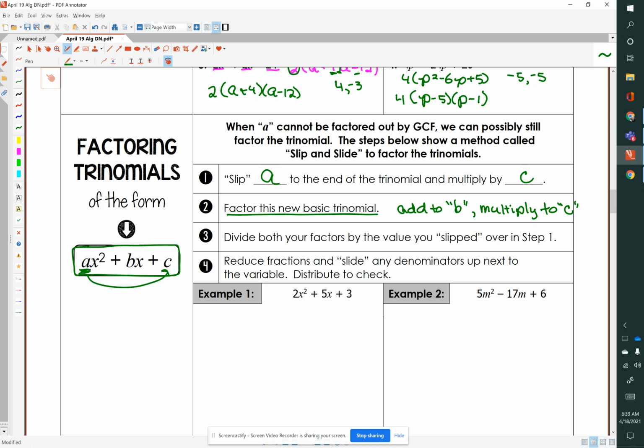Now we're not done. After you've factored this new basic trinomial, you're going to divide both of the factors, the numbers, by the value that you slipped in step 1. So you have to remember what that was. You'll go back and look at the original trinomial to determine that if you forgot.